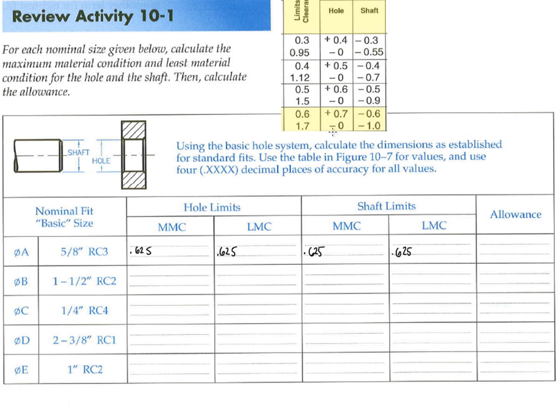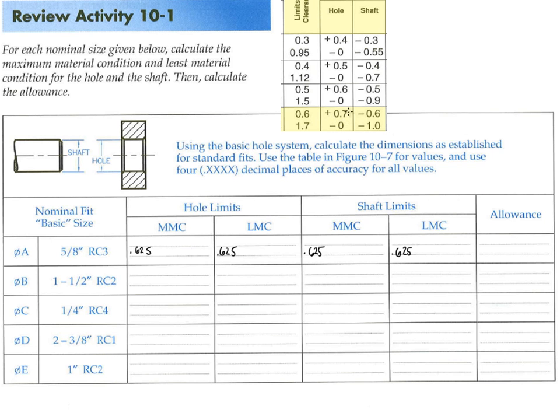So let's start with the hole. Which of these two values will give me my maximum material condition? If I take the hole and I add 7/10 of a thou to it, the hole will get bigger and the amount of material will get smaller. And if I add nothing to it, the hole will stay the same size it is.